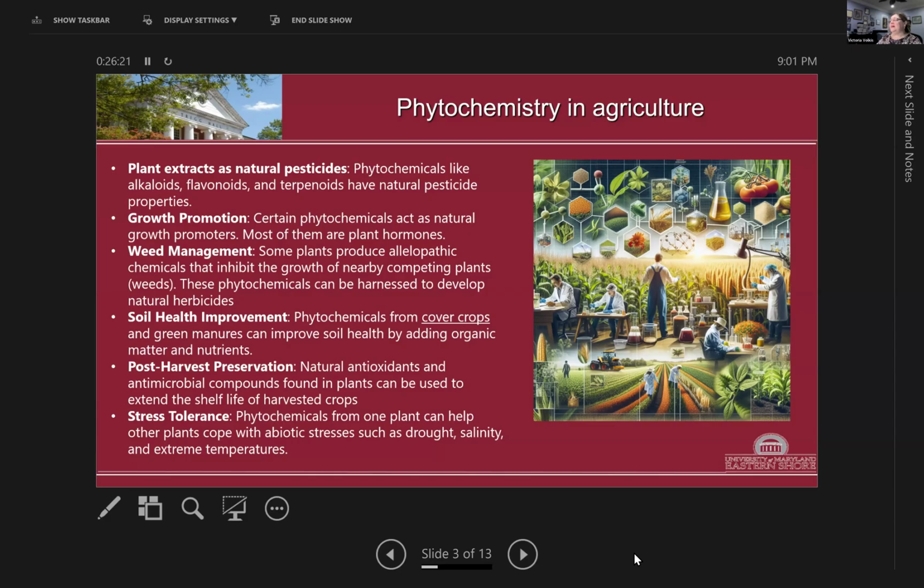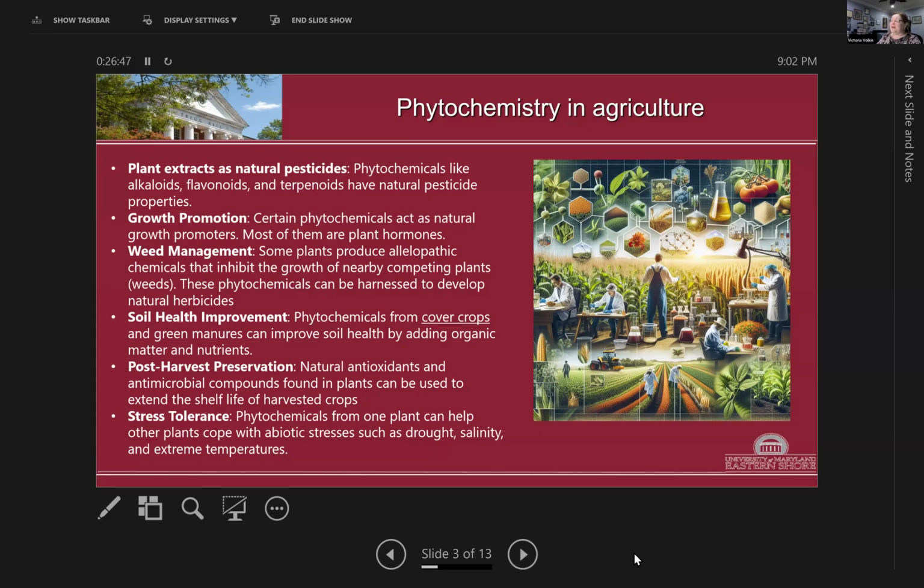Now, there are other phytochemicals that help improve the soil quality. And typically, how that is done, there is a type of greens that have a name cover crops. And those are the crops that farmers would grow over winter, when it is not a season to grow anything else that can be harvested. So farmers would fill the fields with those cover crops, and those are crops with a very special metabolism.